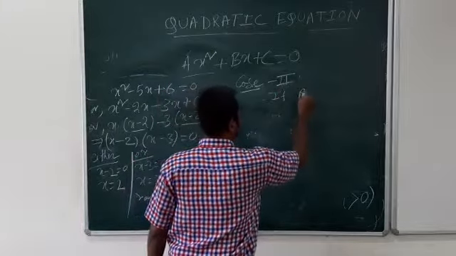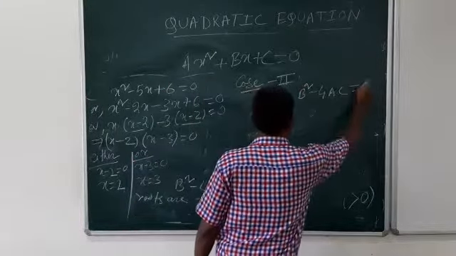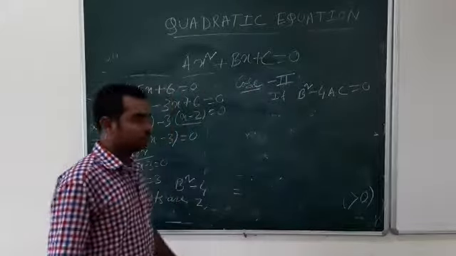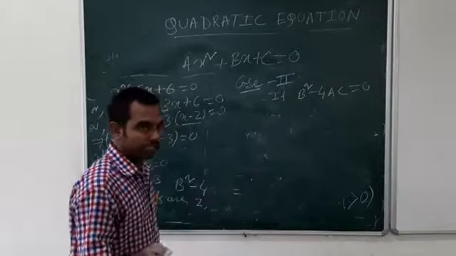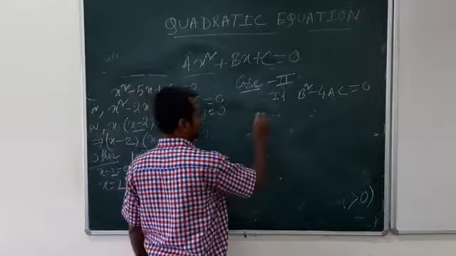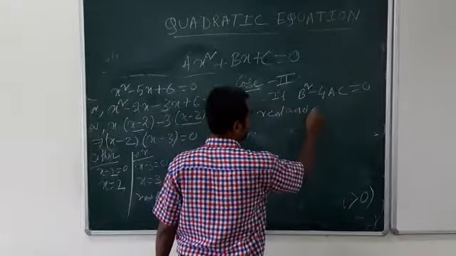If b square minus 4ac is equal to 0, then we have two roots that are real and equal.